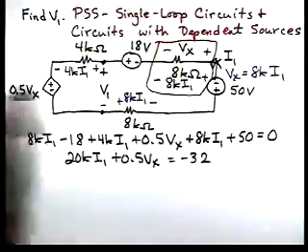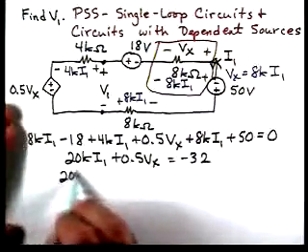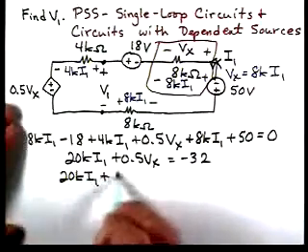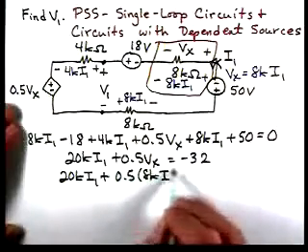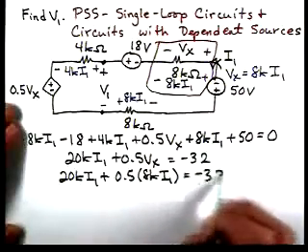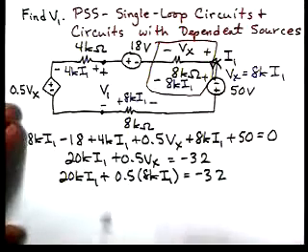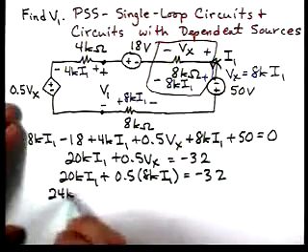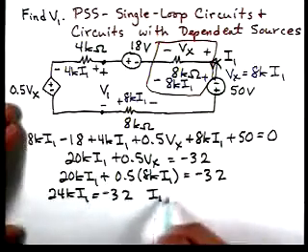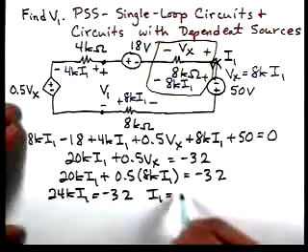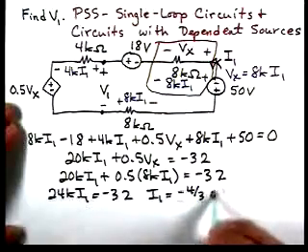So now if we make that substitution, we'll have 24K I1 equal to minus 32. And then solving for I1 gives us minus 4/3 of a milliamp.